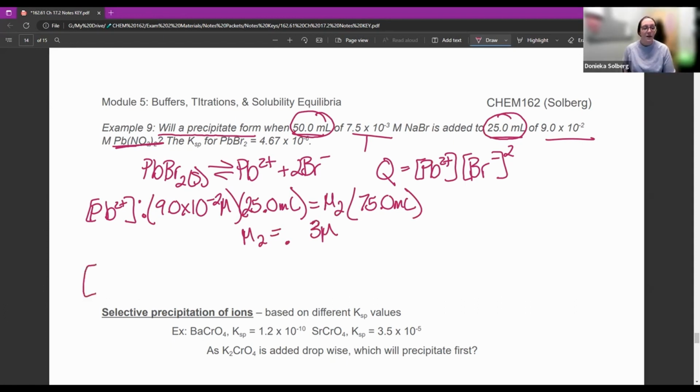Okay, same thing for my bromide ion. Bromide came from the sodium bromide. So its concentration, sorry, my pen keeps glitching out.